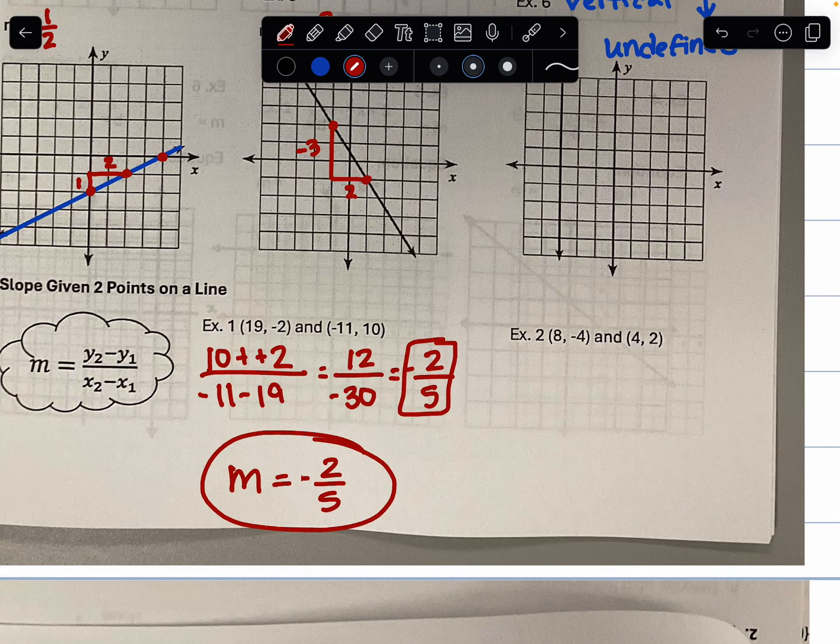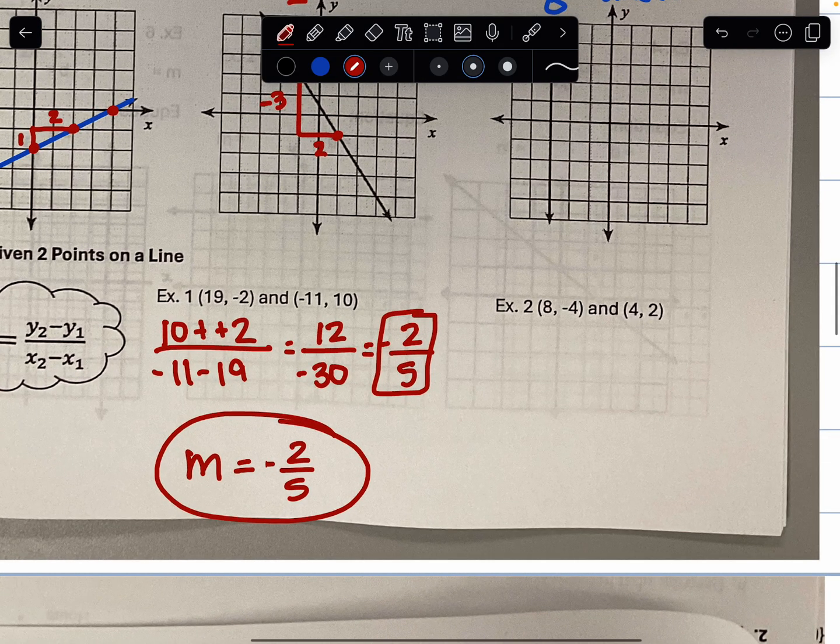Which one's on top? Okay, so tell me what to subtract for y2 minus y1. Those are both x values. Remember, we want to do y2, the second, minus the first. So what's the second y value? 2 minus what? Minus -4. Good. And then what about x? 4 minus 8.